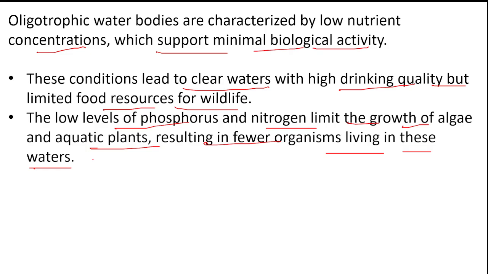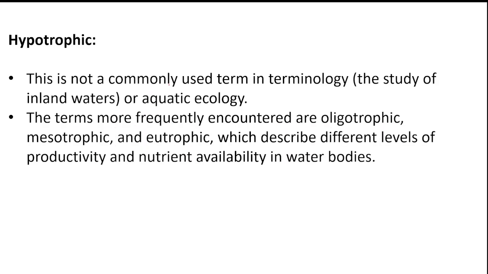That is called oligotrophic. Then hypotrophic: this term is not commonly used in the study of inland waters or aquatic ecology. The terms more frequently encountered are oligotrophic, mesotrophic, and eutrophic, which describe different levels of productivity and nutrient availability in water bodies.